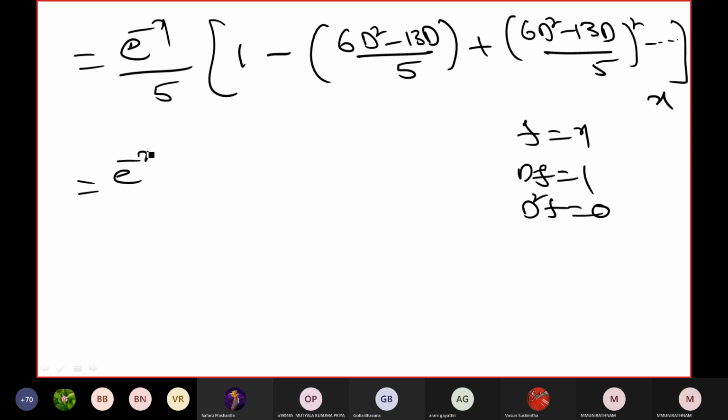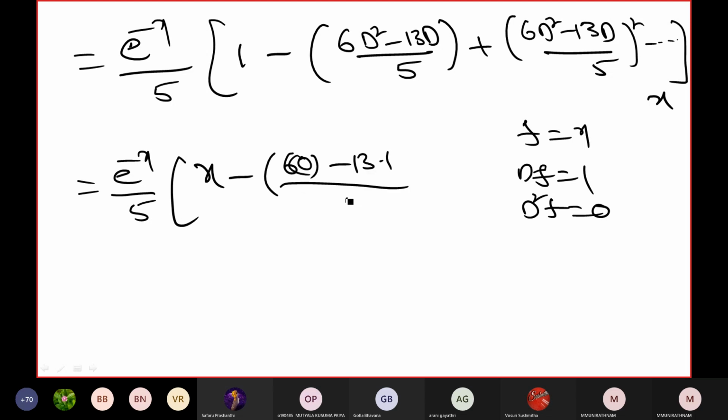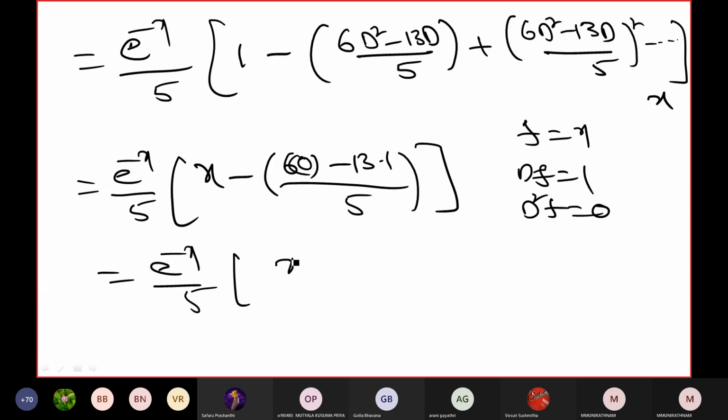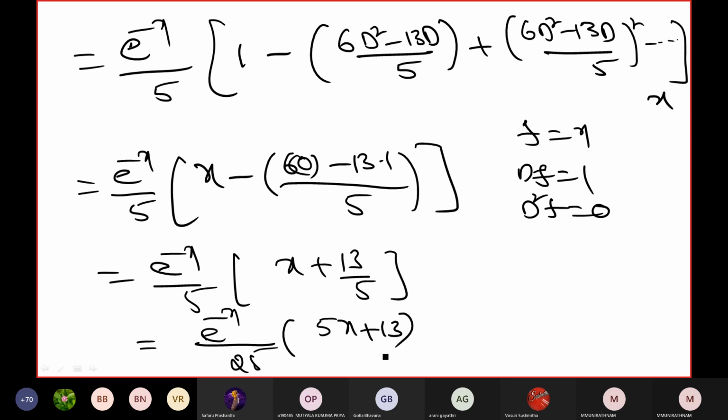Then 1 into x is x, 6 into 0 minus 13 into 1 by 5. e power minus x by 5, x plus 13 by 5. 5 is LCM, 5x plus 13. This is my PI.